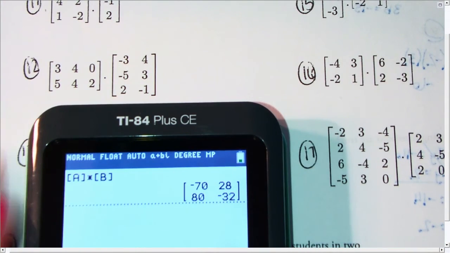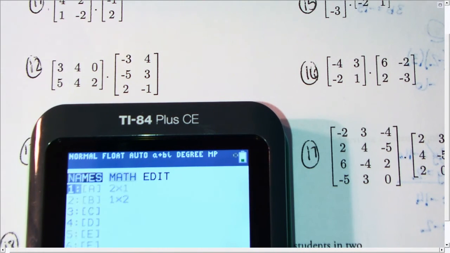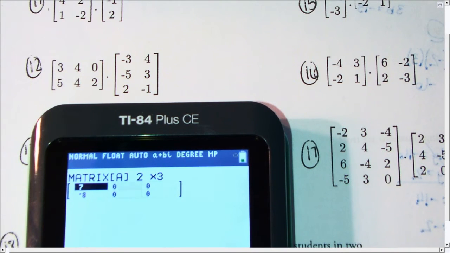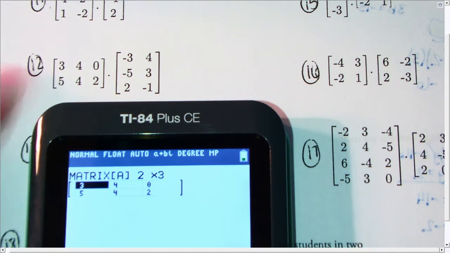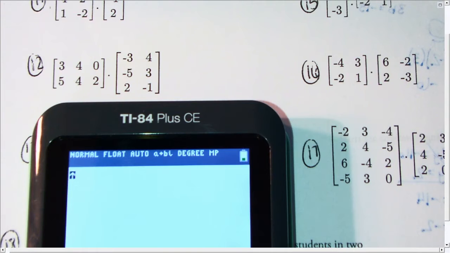So to do number 12, again, we go into the matrix. We go over to edit. This is a 2 by 3. You will always know if you do it correctly because it will look like the matrix. Like if this doesn't match this, you know that you've done it wrong. Quit out, going back into matrix B. This is a 3 by 2.